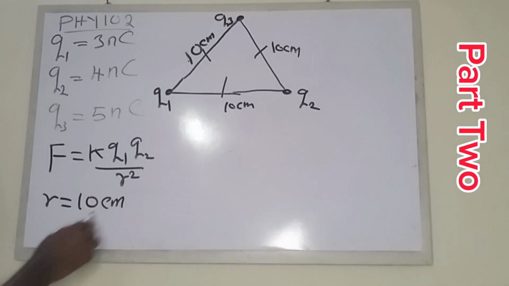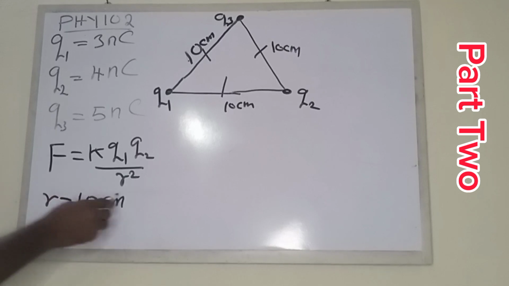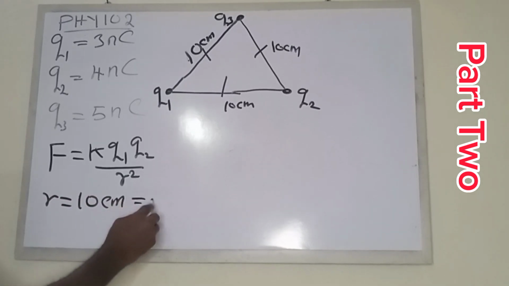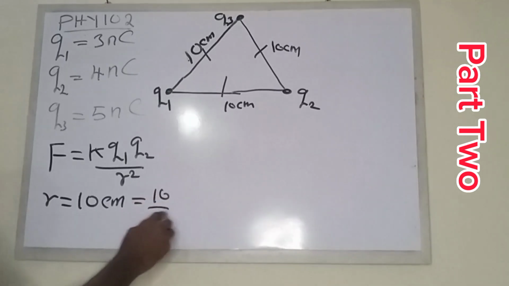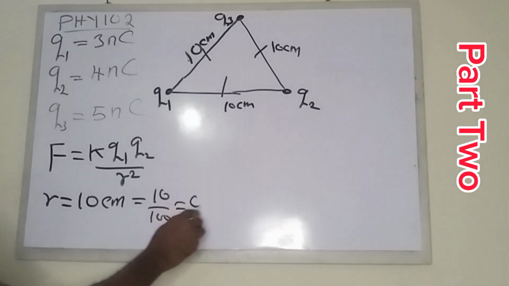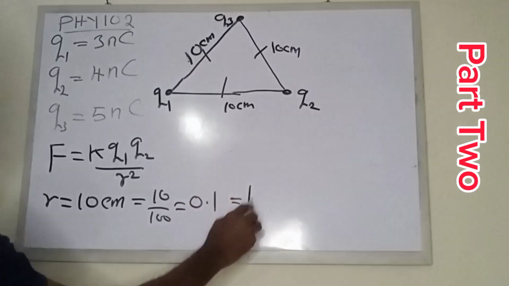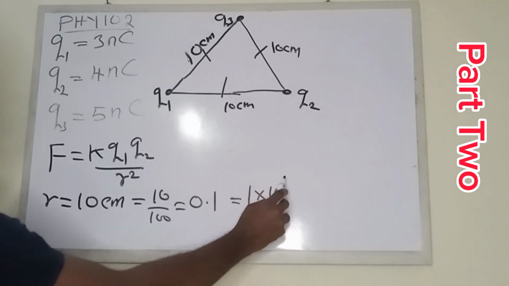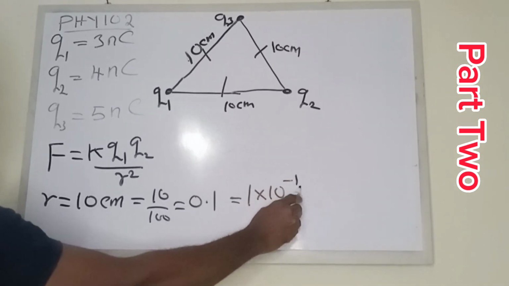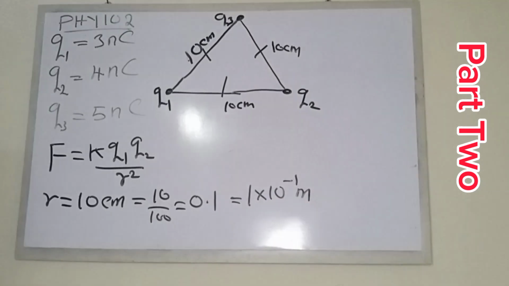We need to convert it into meter: 10 divided by 100, which gives 0.1, which is the same as 1 times 10 raised to the power of minus 1 meter.